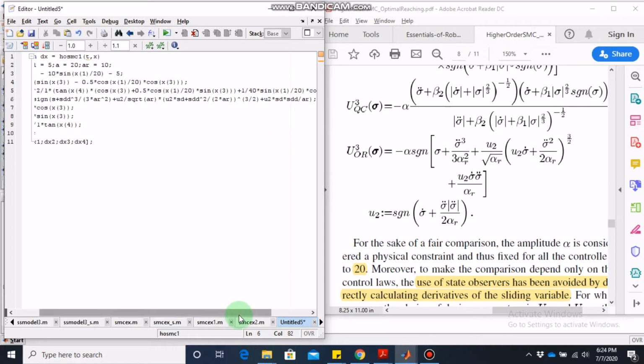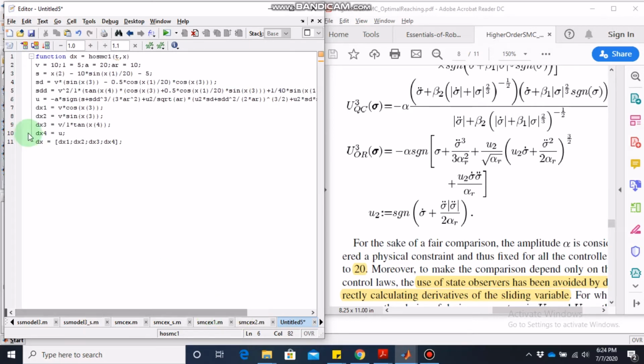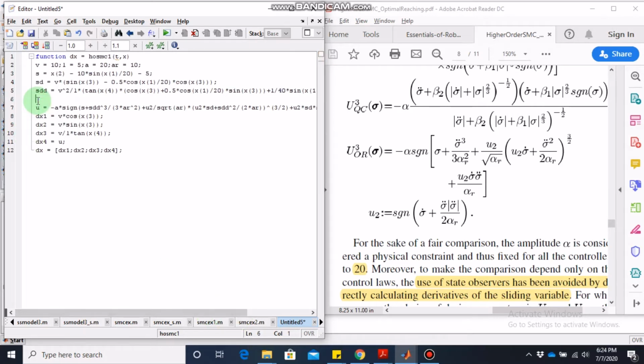So since u2 is being used in the equation of u, we have to define u2 before we define u. So u2 is equal to sine of SD plus SDD multiply by absolute value.